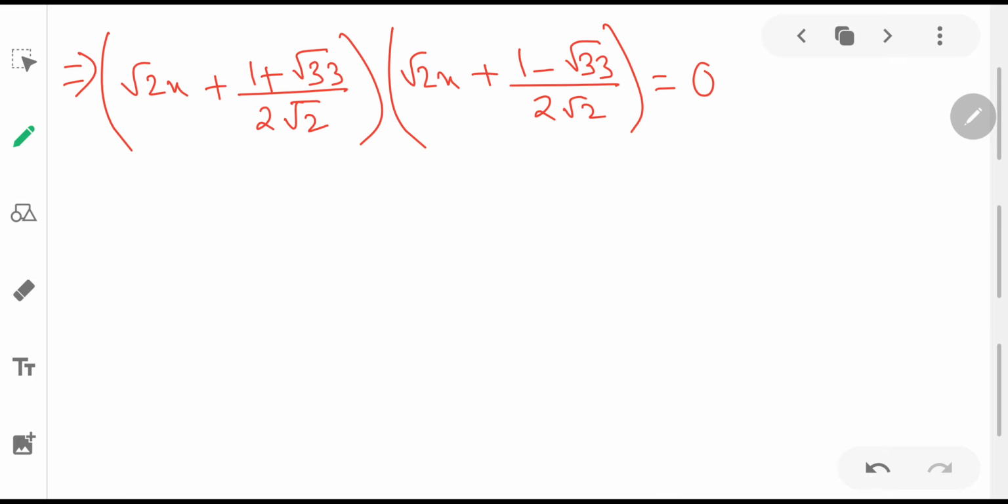Equals to 0 here. Okay, now we can separate out both the terms.